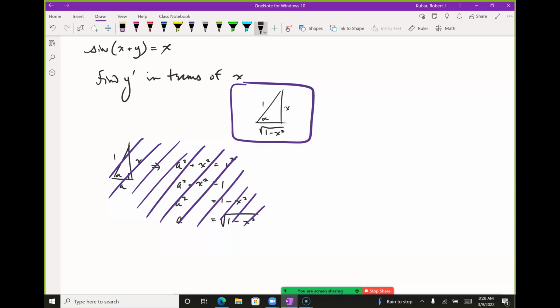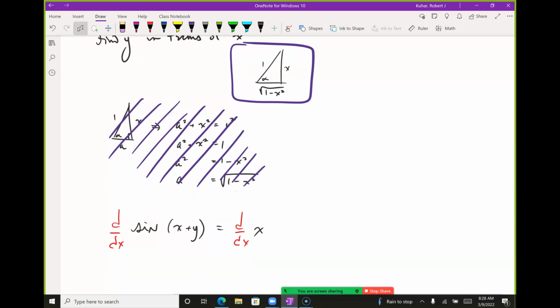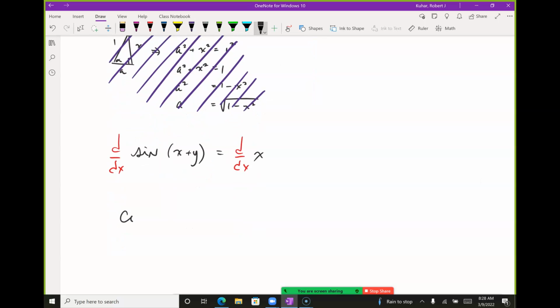So we're ready to take the derivative now. So d dx of sine of x plus y equals d dx of x, right? So derivative of sine is cosine. Keep the cat in the box.